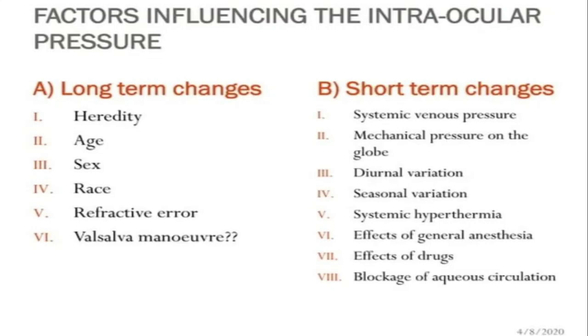Certain eye drops such as those used to dilate the pupil or treat inflammation can cause temporary changes in IOP. Number 4, alcohol and caffeine. Consuming alcohol and caffeine can cause a temporary increase in IOP. Number 5, fluctuation of blood pressure. Sudden increases and decreases in blood pressure can cause temporary changes in IOP.